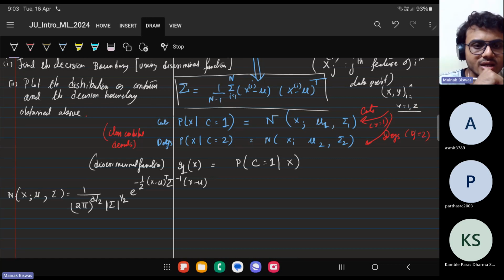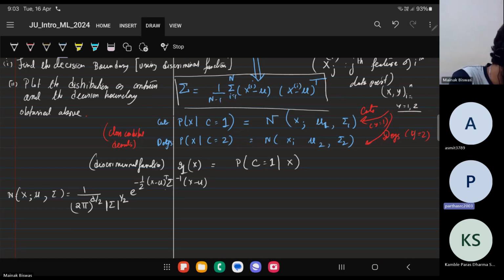Instead of sigma square, sigma is there, and instead of x minus mu whole square you have the quadratic.